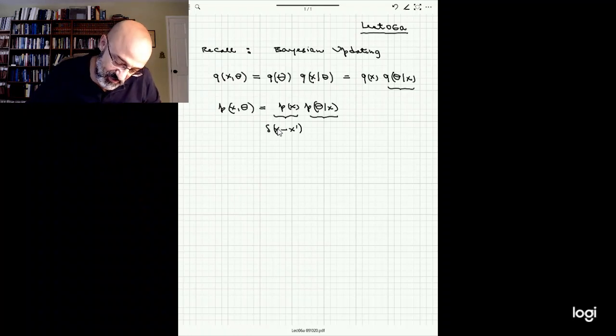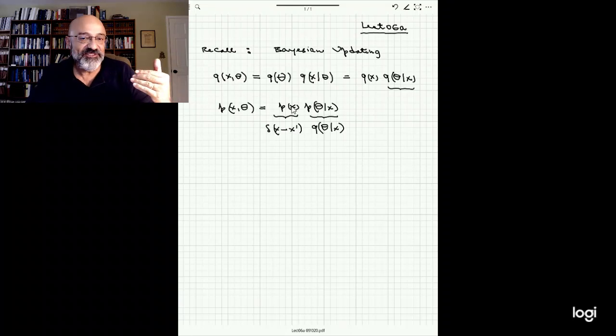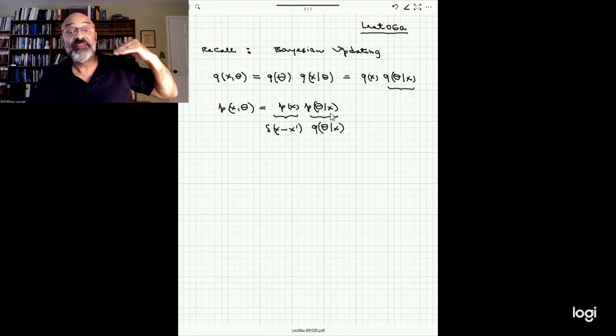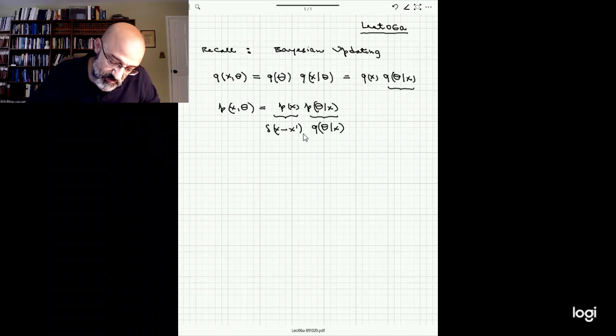And so here we're going to write this as q(theta given x). We did not update. So the updating is kind of funny. It consists of a piece we do update, and then another piece in which we keep everything the same. Because this is 0 unless x equals x prime, we can write this as a delta function at x prime.